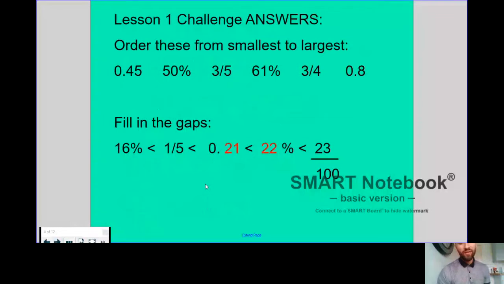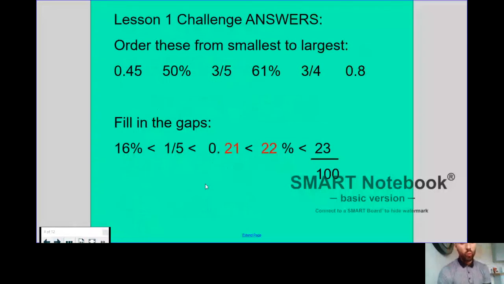Then it should have been 3/5, because that would be equivalent to 60% or 60/100, or even 6/10, then 61%, then 3/4, because that's equivalent to either 0.75, 75/100, or even 75%, which is of course smaller than 0.8, which is equivalent to 80/100, 80%.